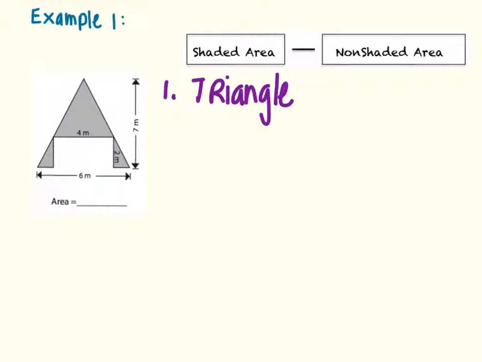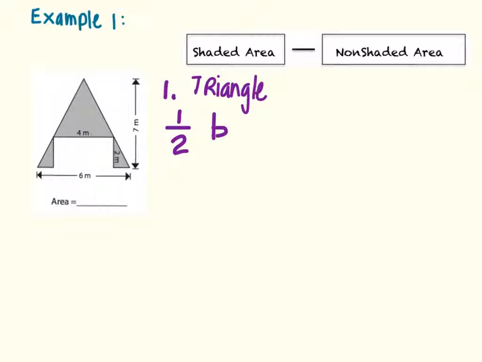If I want to find the area of a triangle, I need to think about what is the formula. If you forgot what it was on our chart, it says half base times height.